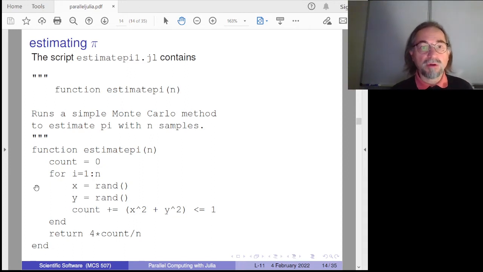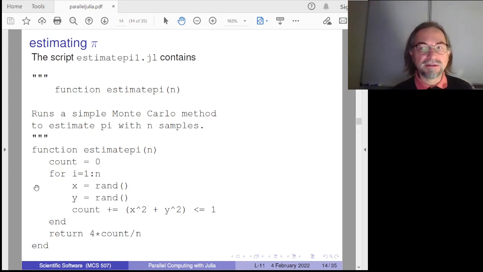So the Monte Carlo estimation, or any simulation, is very suitable here: a very computationally intensive computation that can run independently, executed by many different processes.